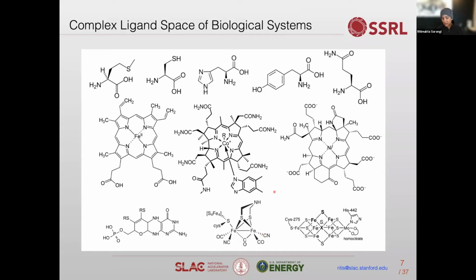In the active site of hydrogenase, you can see that there's actually inorganic CO and cyanide bound, forming an organometallic compound within the protein. And this example, I think, is a heterometallic iron-molybdenum compound that's present in nitrogenase. So a variety of ligand systems, and as you can see, there's really hardly any order to these ligands.